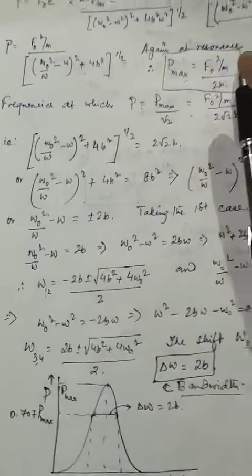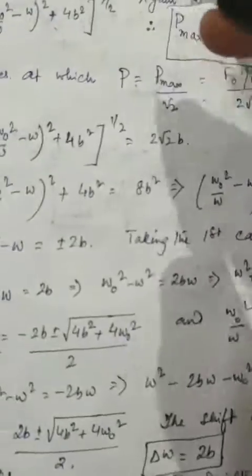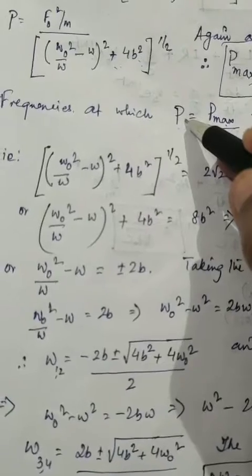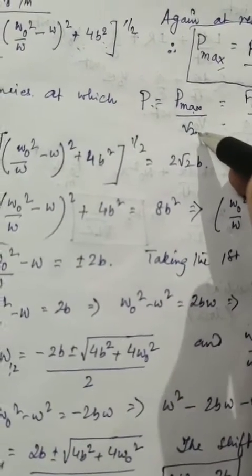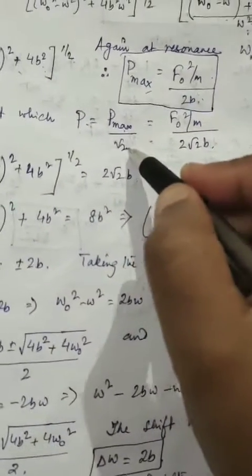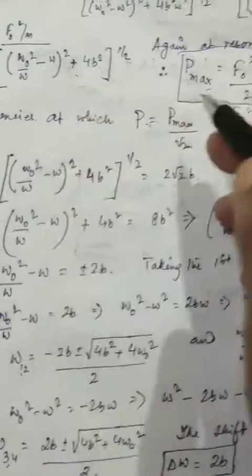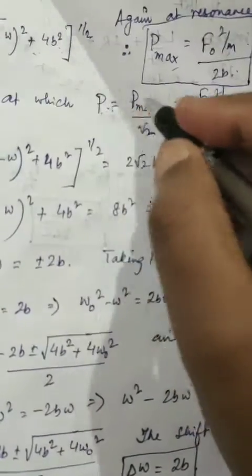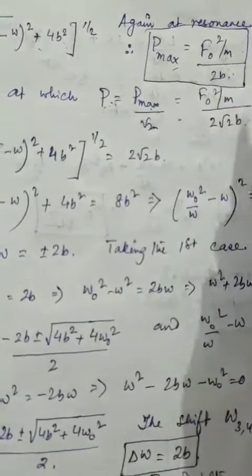But first let us find out the frequencies at which the power will reduce to P max by root 2. That is the convention that we usually follow. We try to find out the values of frequencies at which the power would reduce to 1 by root 2 of the maximum power.